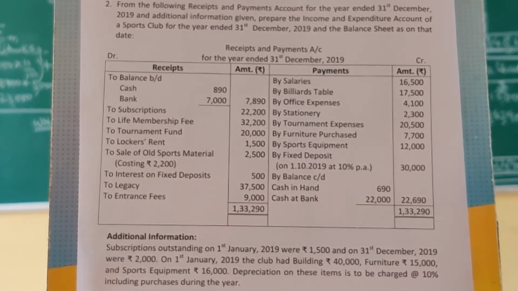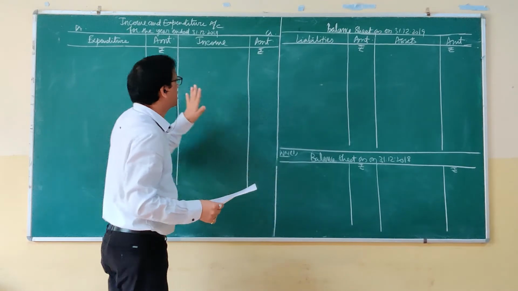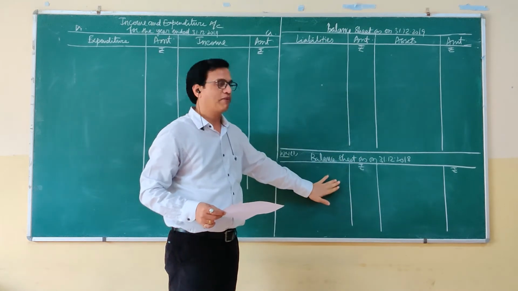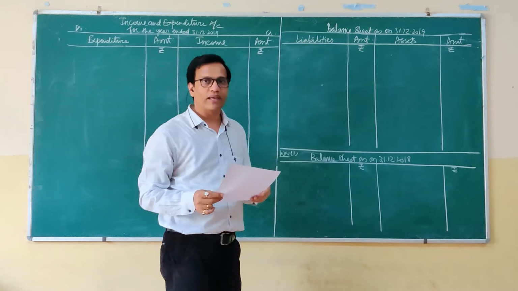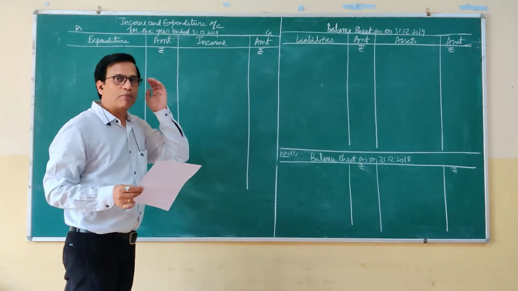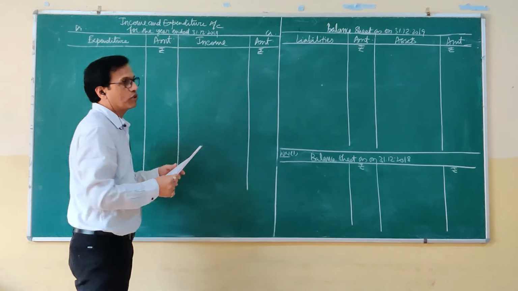So let's see how to solve it. In this question, we have to prepare income and expenditure account, closing balance sheet, and as opening capital fund is not given, so the opening balance sheet. Item wise, in the same way what we did in the previous question, we will go and we have to keep in mind the adjustments regarding what item the adjustment is given. So that adjustment also we will make.